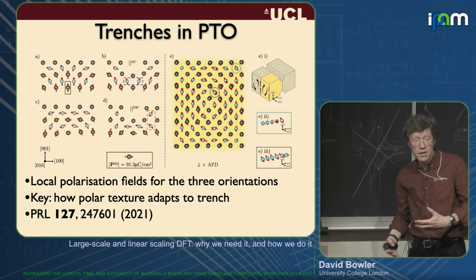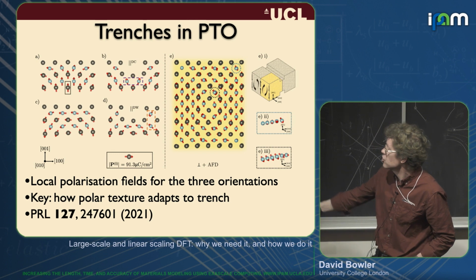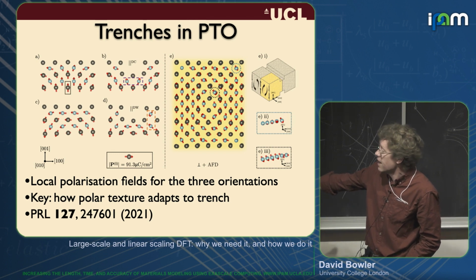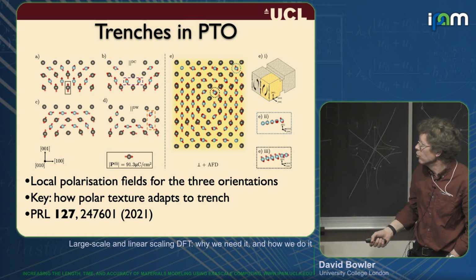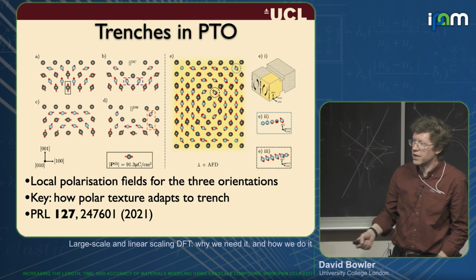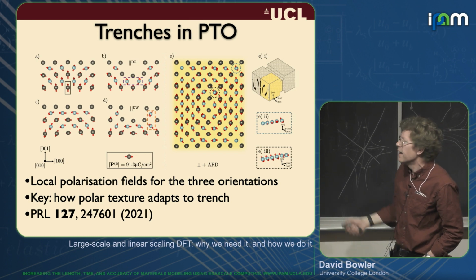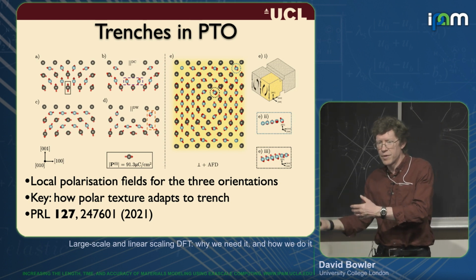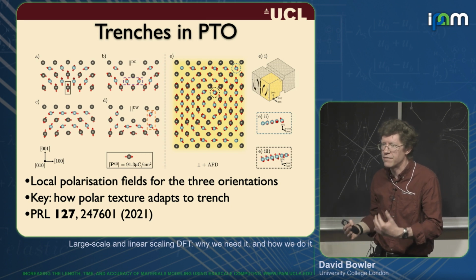That seems to be fundamentally what's going on: the polar texture in the domain centroid can adapt to the trench, whereas it can't under the domain wall, and that's what drives the location of the domains relative to the trenches or the scratches. And that's not something you could have done with an experiment. It's not something you could have done with a system much smaller than about 5,000 atoms.